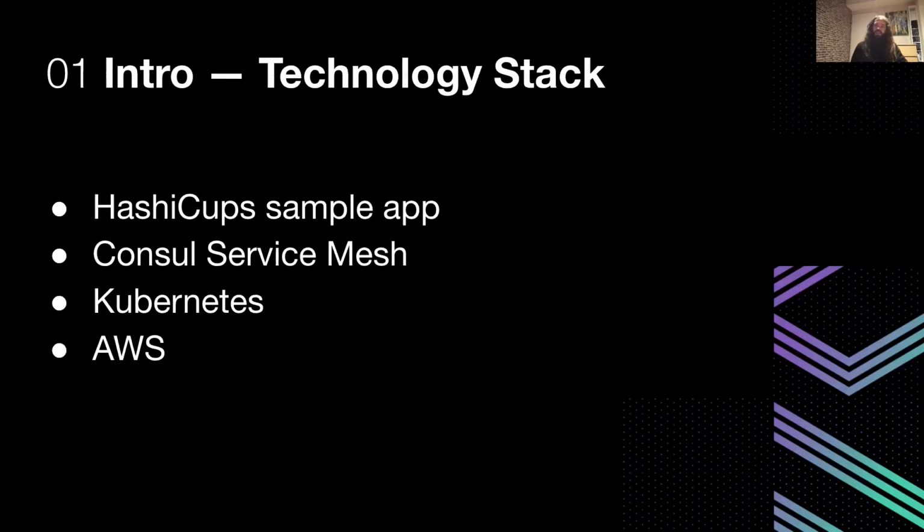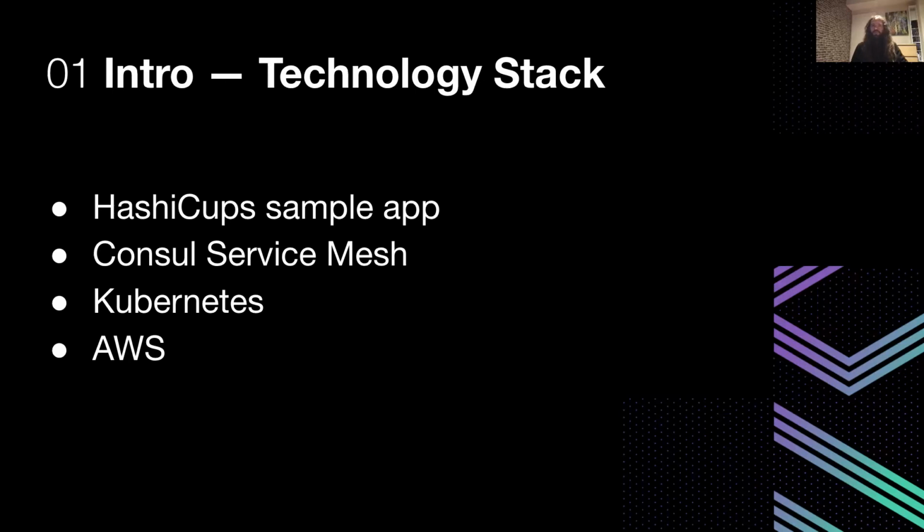Our technology stack today consists of a few moving blocks. Of course, at the center of our presentation is the HashiCups sample app. HashiCups is an online store for coffee that you will see shortly. It's a simple microservices-based application that we're going to make use of.